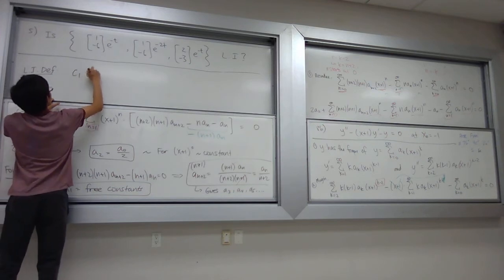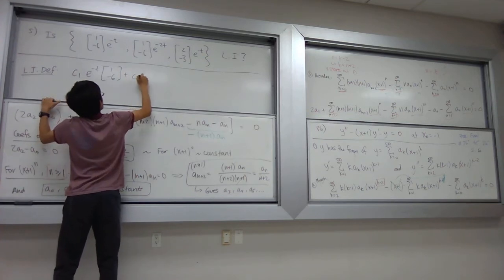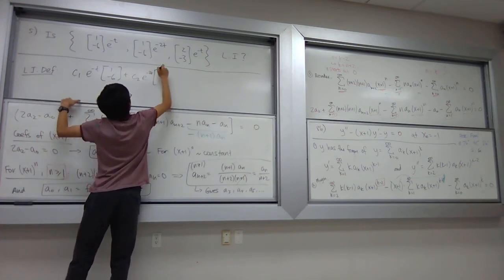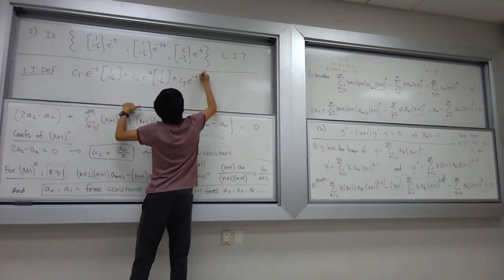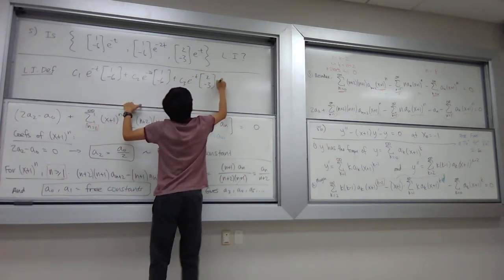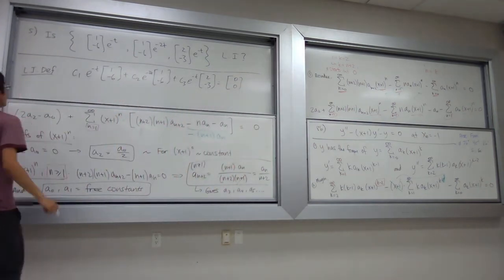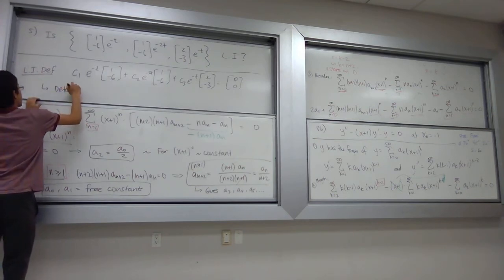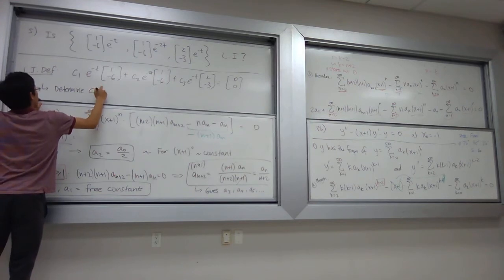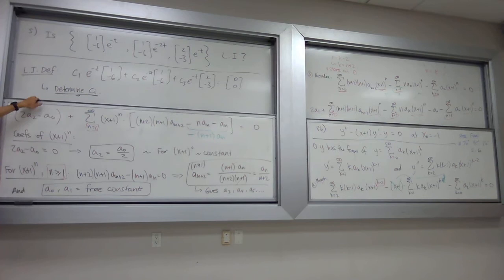So we have C1 e to the negative t (1, negative 6) plus C2 e to the negative 2t (1, negative 6) plus C3 e to the negative t (2, negative 3) equals 0, technically (0, 0). And then what we want to do is determine the Ci.